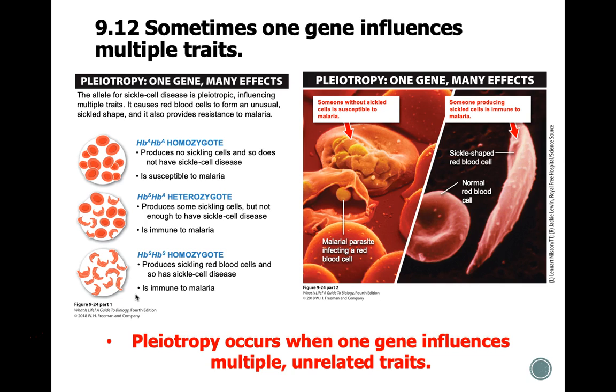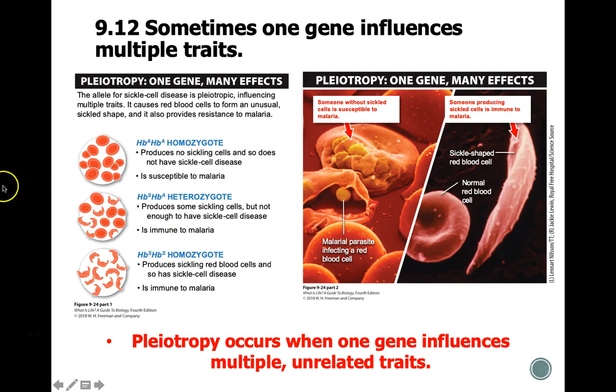One thing that is not particularly relevant here with respect to pleiotropy, but is really important to the study of sickle cell, is that having the sickle cell trait, the heterozygous situation, allows the individual to be immune to malaria. Being homozygous for sickle cell also does, because the parasite that is moved by mosquitoes can't affect those sickled blood cells.